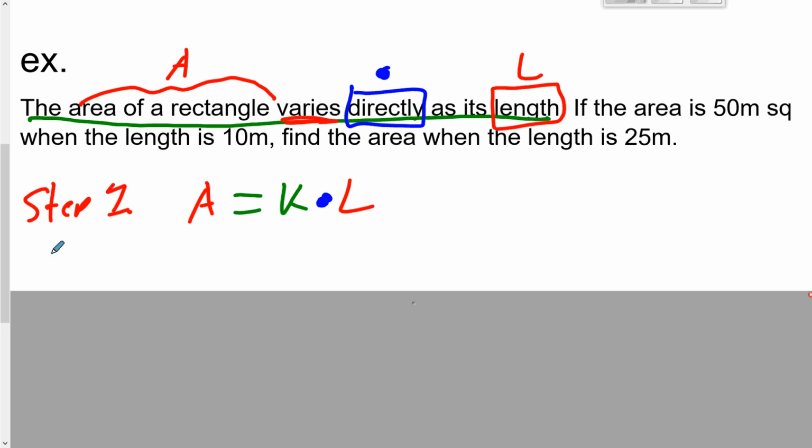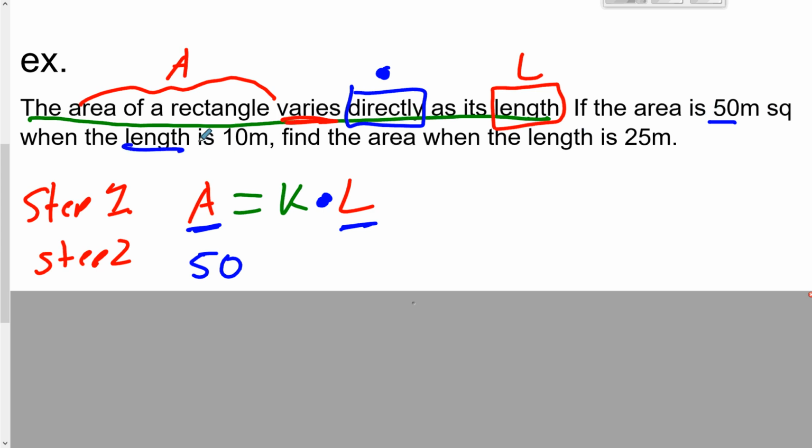Okay, now step 2 says we enter the information and find k. Well, if I want to find k, they need to give me an A and an L. Let's look at the second sentence. The area is 50. Isn't that our A? So we can enter in 50 for A. And then they say when the length is 10.